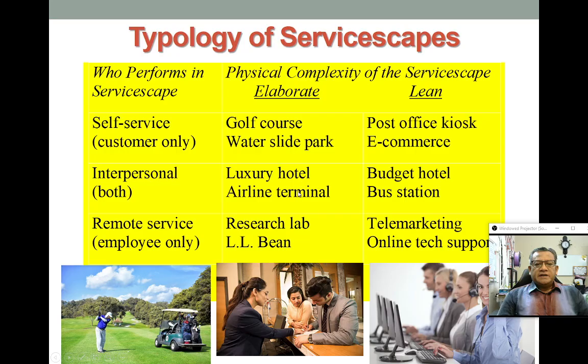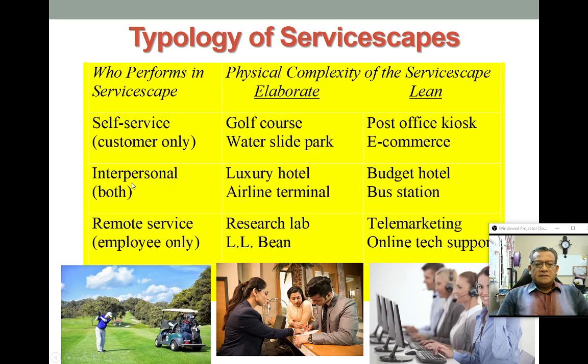So that is quite elaborate, because you are moving from checking in, and later security, and later you walk to the gate, or you go to the toilet, or you go to the cafe first. This is quite an elaborate service. On the interpersonal segment, relative to the lean offering of service, you could look at a budget hotel.